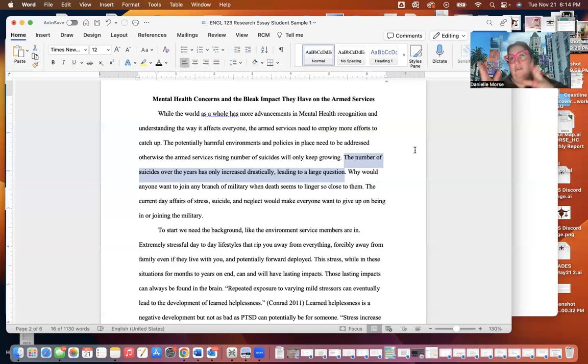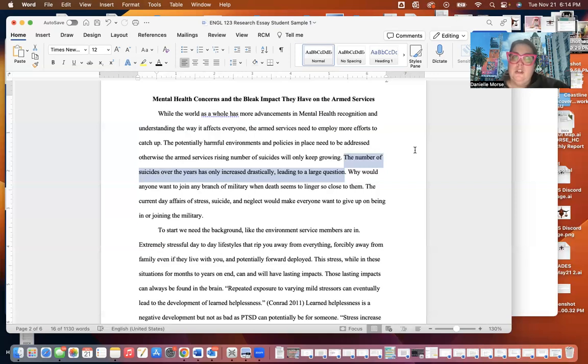And also, how are you defining suicide rate as a result of someone serving? Is it while they're serving? Do they have to be actively deployed? What if they're a veteran? Are you including those, or are those two different sets of data?